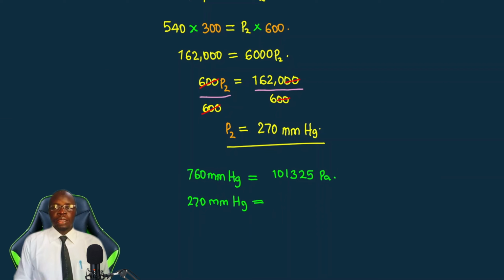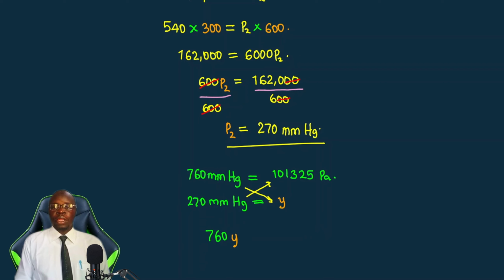So we can give it the letter Y, and we cross multiply. We can start by multiplying with where the unknown is. So 760 times Y, we get 760Y.